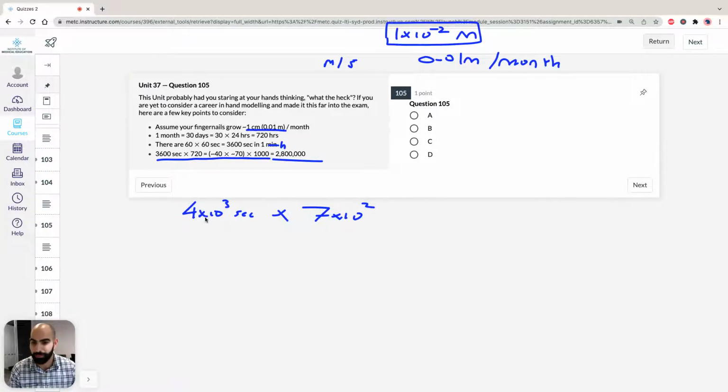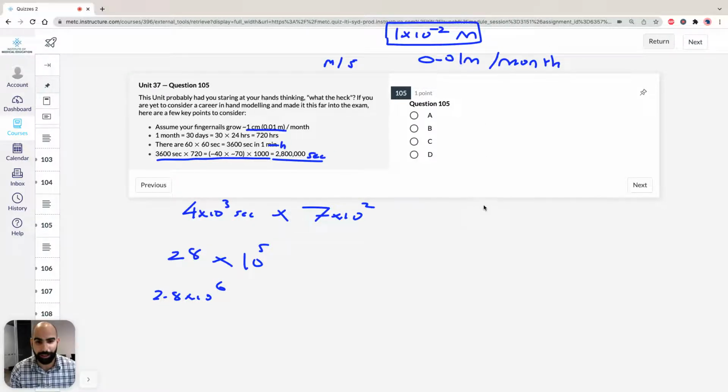So it's going to be 28 by 10 to the power of 5, and we can also convert this to 2.8 by 10 to the 6. So it's 2,800,000 seconds in a month.